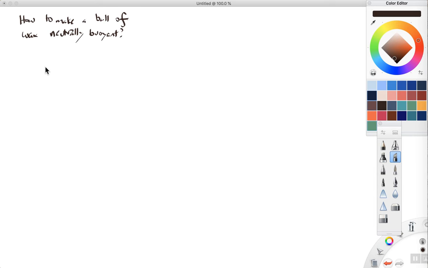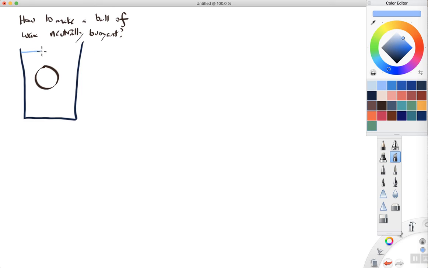The idea is that if you have a ball of wax and you put it in water, so imagine that's the ball of wax, you put it in water. Here's a cup, and we'll say you fill it with water like this, and this is your wax right here.